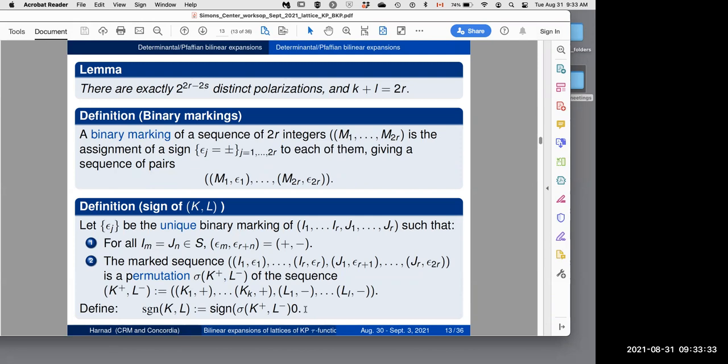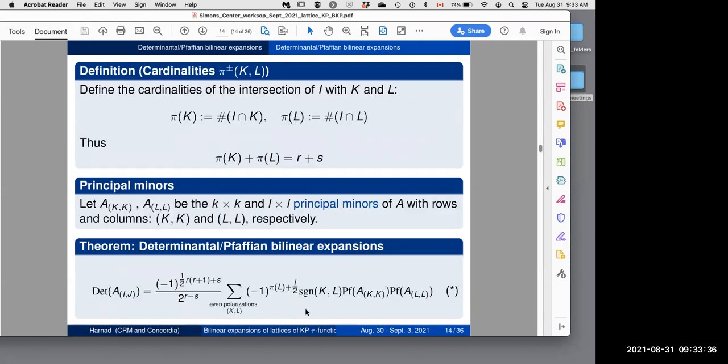So that defines the sign of the polarization. There are also some cardinalities, which are the intersections of I and K and I and L, and the sum of these two, it's easy to see, is equal to r, the number of elements in I and J, and s, the number of elements in their intersection. So now I can state my identity. I have all the definitions necessary.